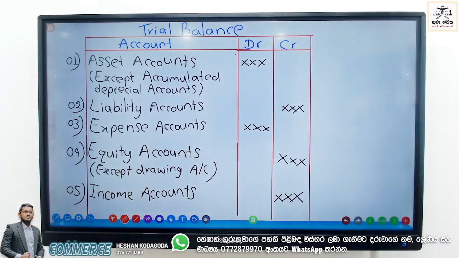Make sure that though the drawings account is considered an equity account, balance brought forward is on the debit side. Though the accumulated depreciation account is considered an asset account, balance brought forward is on the credit side.